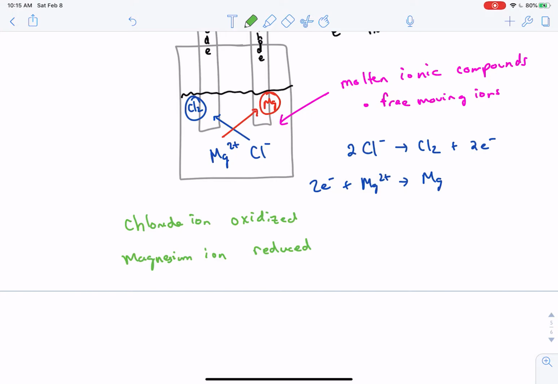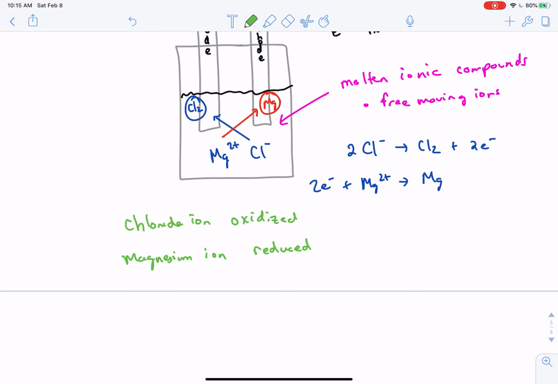Yes, Sophia. Is electroplating something that we can cover? That will be in higher level. That's a good question. That's more of a higher level topic where we'll talk about how much metal we can plate based on current and time and things like that. Yes, Chloe. Would the magnesium that's produced be reactive?